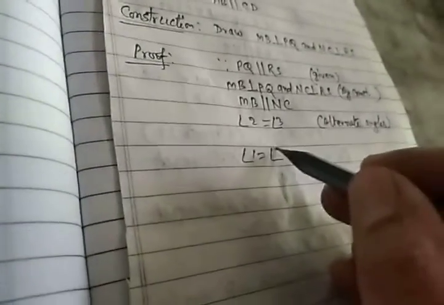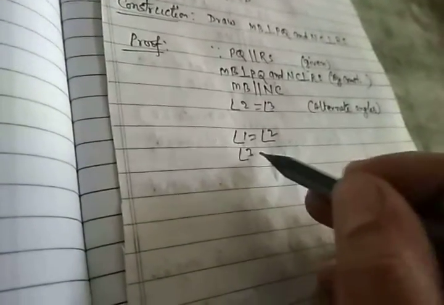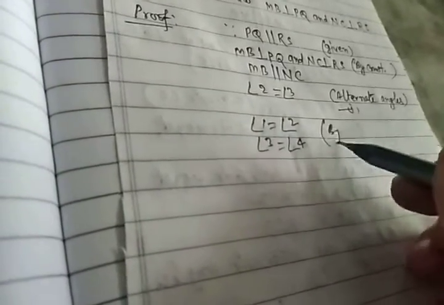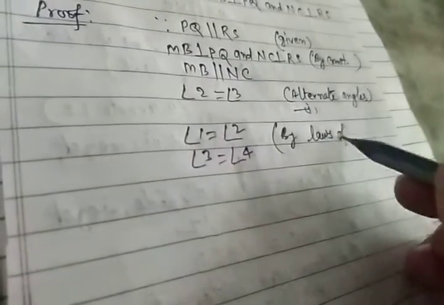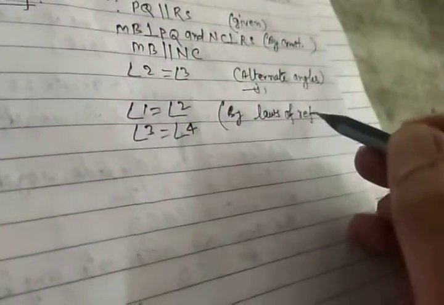So angle 1 equals angle 2 and angle 3 equals angle 4. This one is equation 1. Here the reason is by the laws of reflection of light.